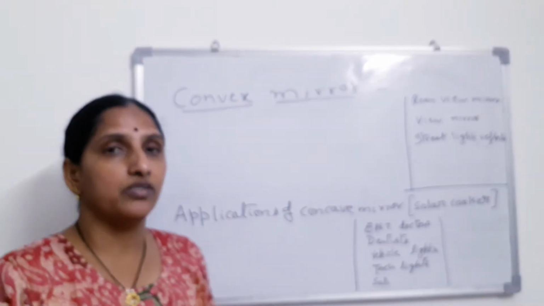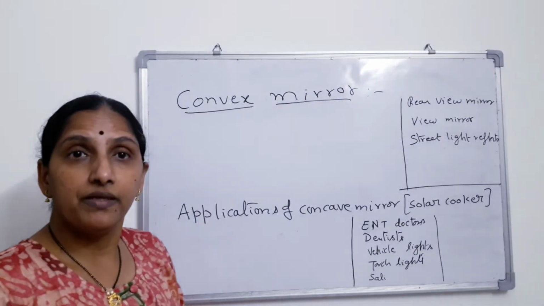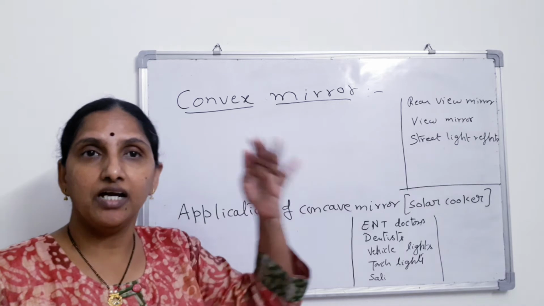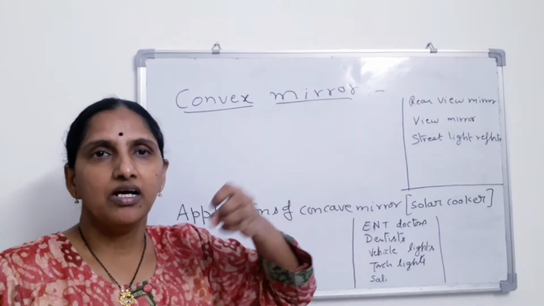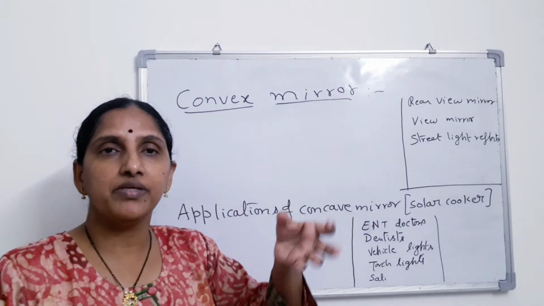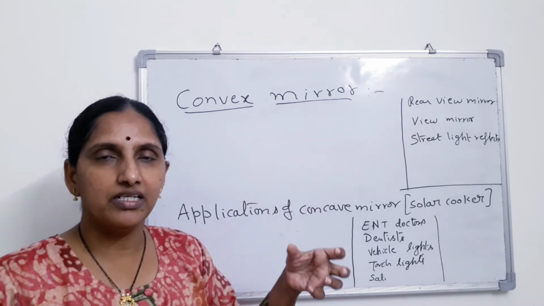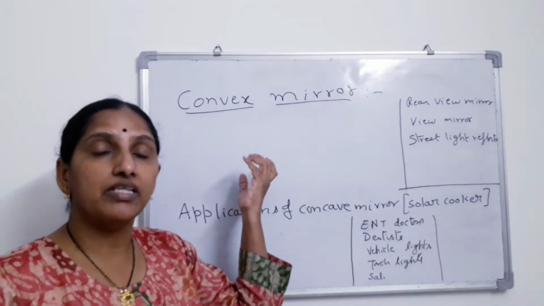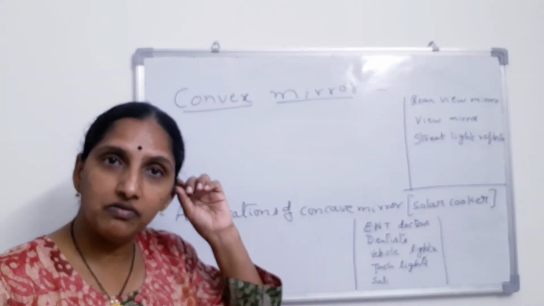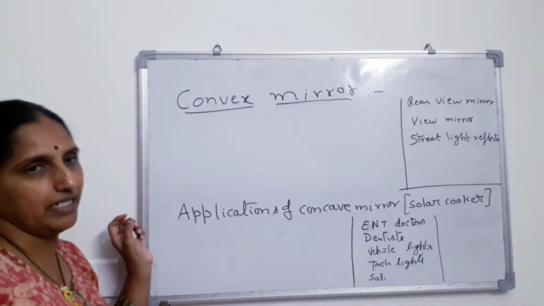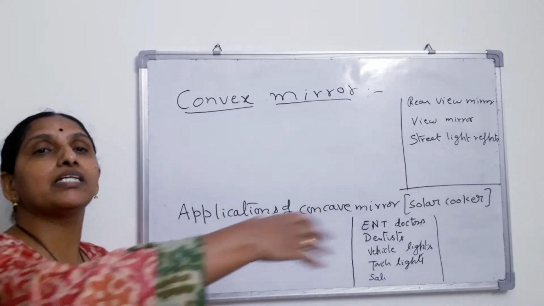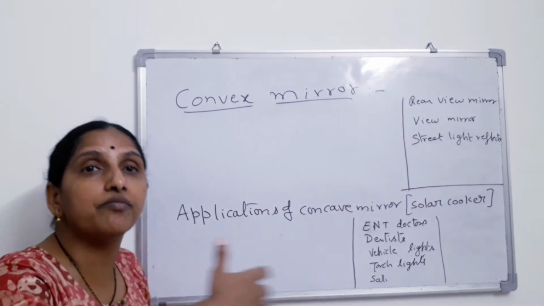Right then. Now you have seen how we frame the rules based on the behavior of light rays when they are made to be incident on a convex mirror. Now we are going to see the next ray diagram. We don't have so many cases as we have in the concave mirror.